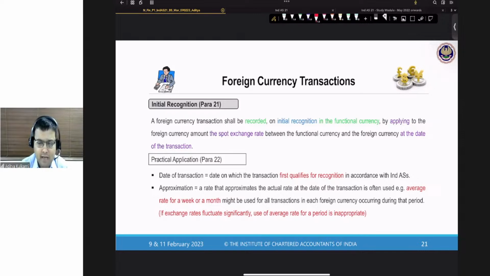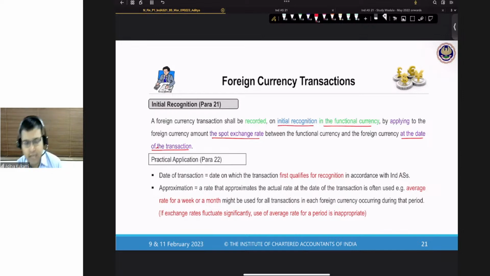It shall first be recorded on initial recognition in the functional currency, by applying the spot exchange rate at the date of the transaction. We had studied this: on the date of purchase, on the date of sale, on the date of the transaction, whatever the exchange rate prevailing between the foreign currency and the functional currency is what you will have to record the transaction at.